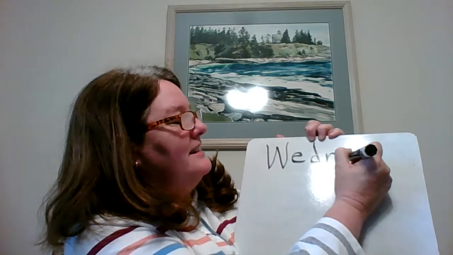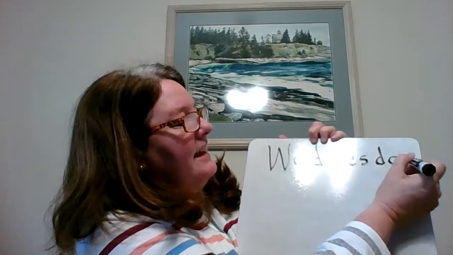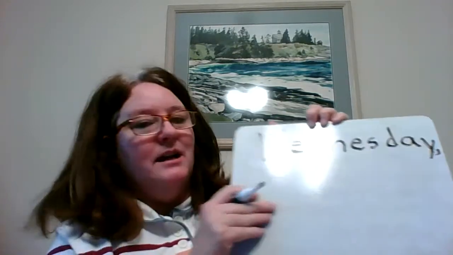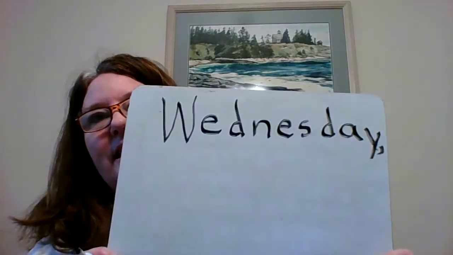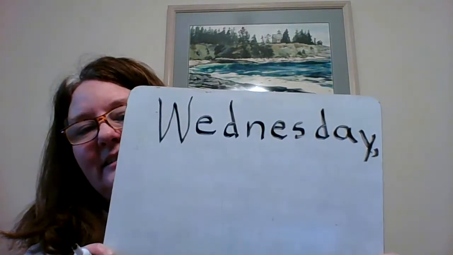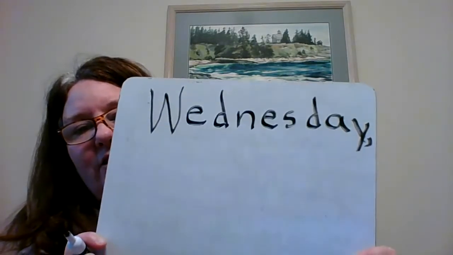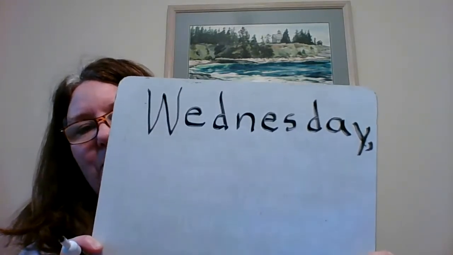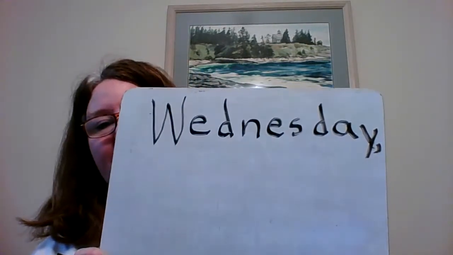It's because this is the name of something. It's the name of our day today. So we write W as an uppercase W, and all the rest of the letters are lowercase. You guys certainly know this by now. We've been doing it all year long, and you've gotten so good at it. And Wednesday is kind of a long word to write. But finish that up in your notebook.